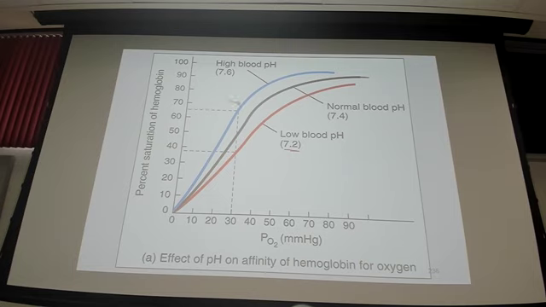So again, just as an example, you're looking here at the same oxygen saturation. You have less here and more here, right? So you're shifting over, right? So the line shifts up here, the line shifts down here.